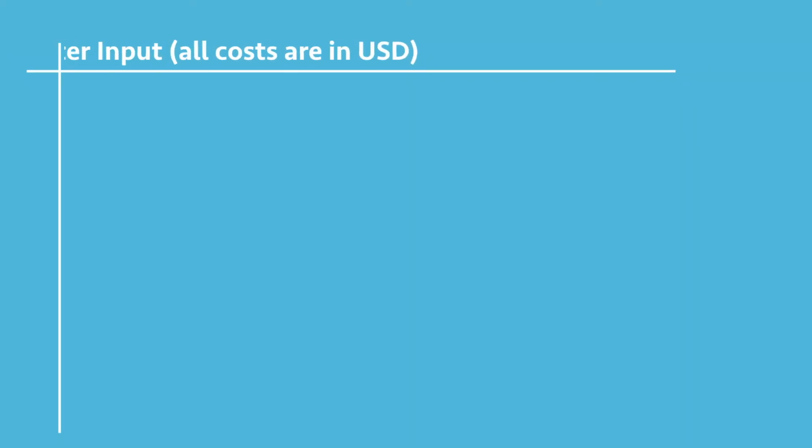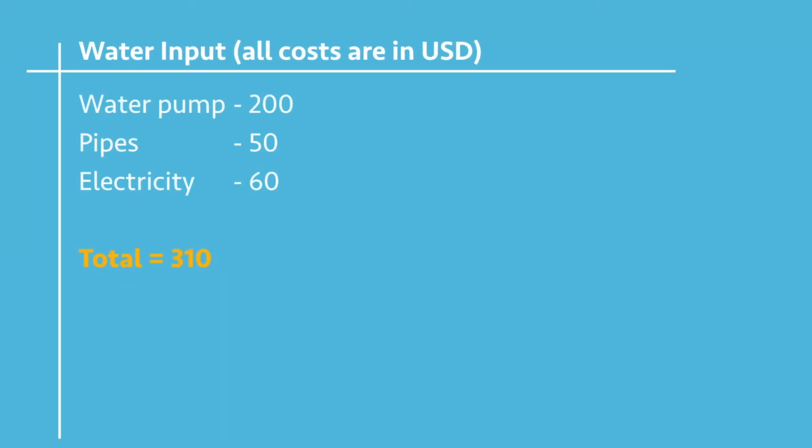And actually, when you are in a situation where you'll be doing the pumping, maybe you have a water source, you are in the low altitude areas where rain fed is limiting. We have a water pump. Maybe you purchase a water pump at $200 and the connection pipes at $50. Then you use electricity at $60. You are going to have a total of $310 as the cost.